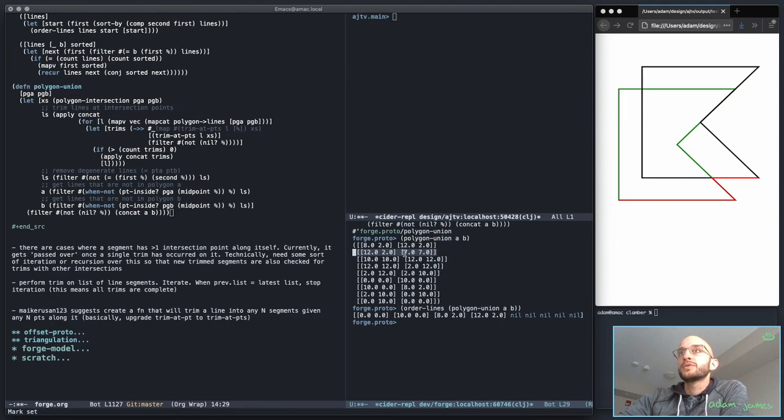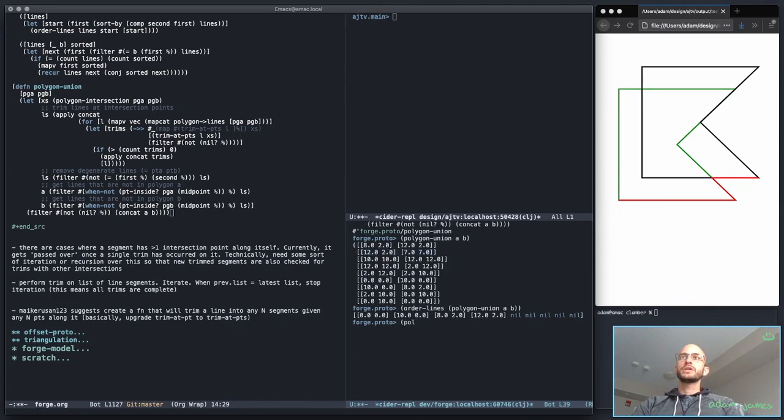Then I have 12, 2 and 7, 7, which is this point here, but 7, 7 doesn't seem to exist, right? I have no line segment with 7, 7 as its starting point here. So that's a problem. Why might that be the case? Not sure yet.